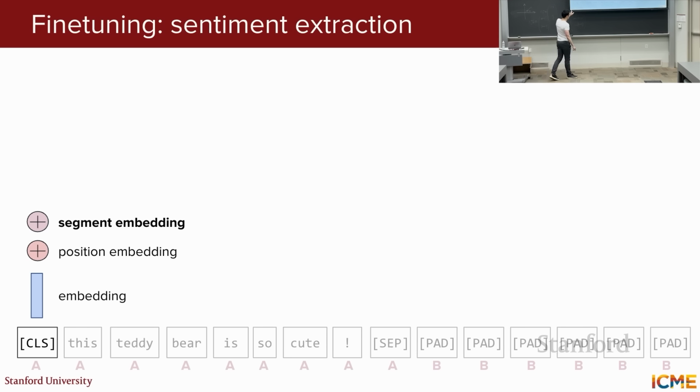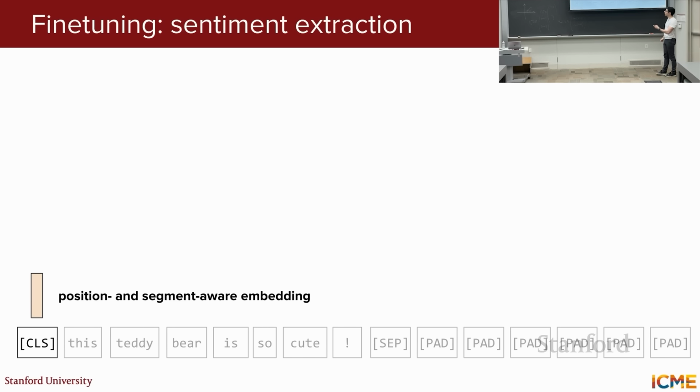Exactly as we said, it's an embedding that is added to each token. The same embedding is added to all the tokens of segment A, and then some other embedding B is added to all the tokens of segment B. Okay, great. So now, similarly to the transformer, you have something that is position aware and, not context aware just yet, but segment aware here.